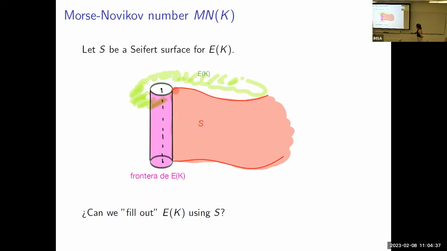So what is the Morse number of the knot? We can take the exterior of the knot and a Seifert surface for the knot, and ask if we can fill out the exterior of the knot using this Seifert surface.